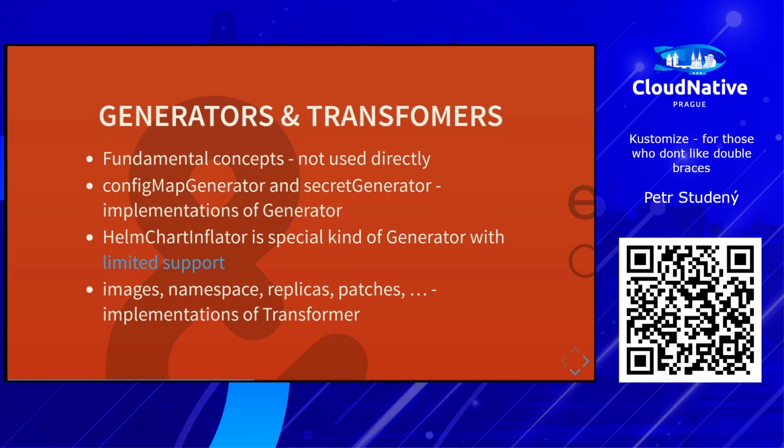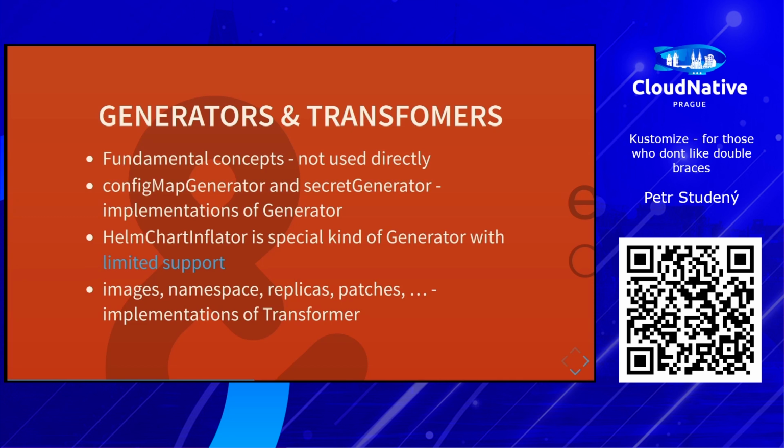So in Kustomize, there are two fundamental concepts, or maybe there are more, but the fundamental ones are generators and transformers. And they are usually not used directly, but using some expressions as I showed you before, like a config map generator and secret generator. If it's a generator, it means that you create something from scratch, something non-existent, and the transformer just transforms some already existing item.